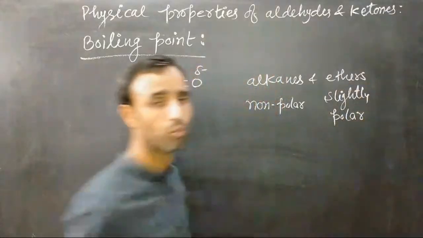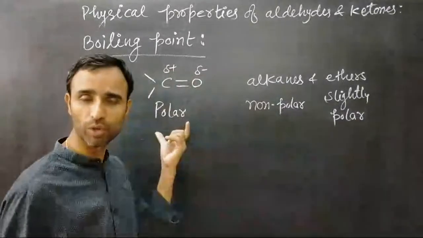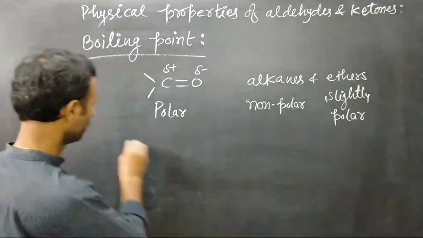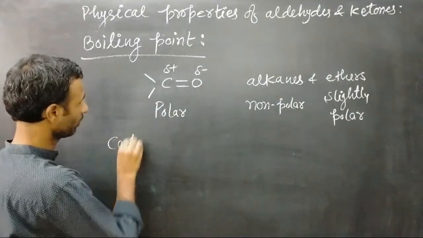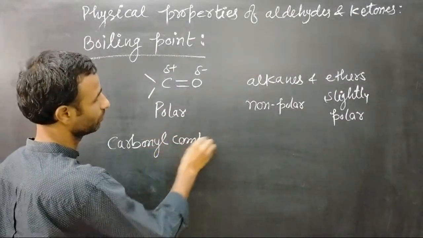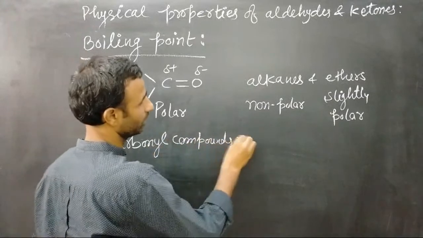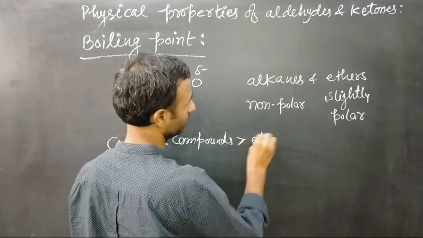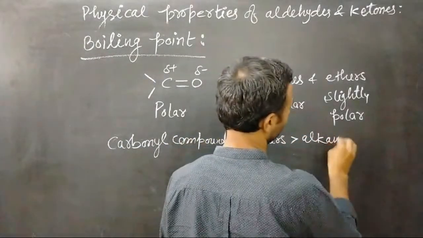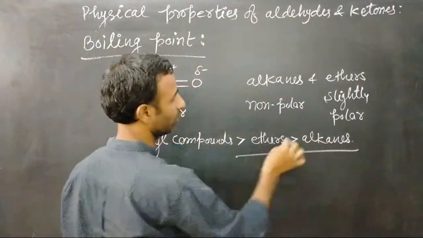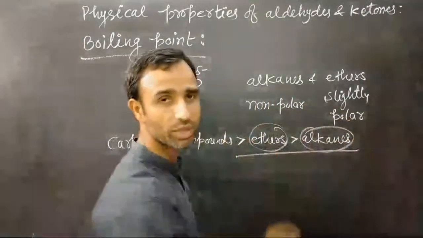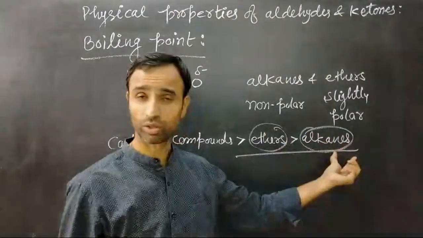That's why boiling point of carbonyl compounds, aldehyde and ketones combinedly known as carbonyl compounds. So if we compare boiling point of carbonyl compounds is greater than ethers, alkanes, okay, or sometimes they are inverse of each other, means ether is on this side.